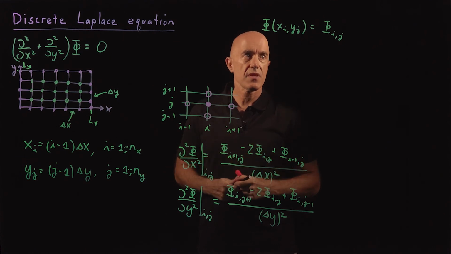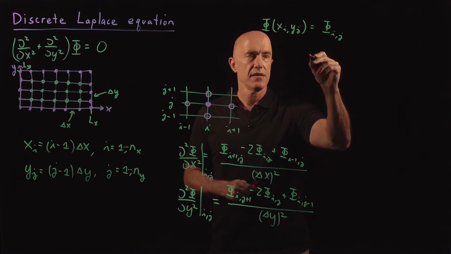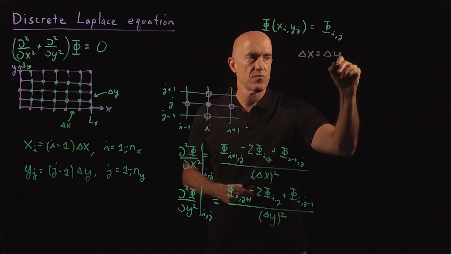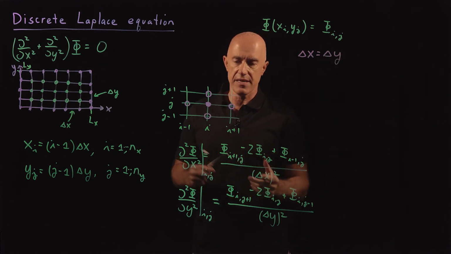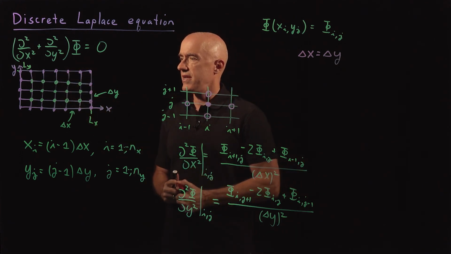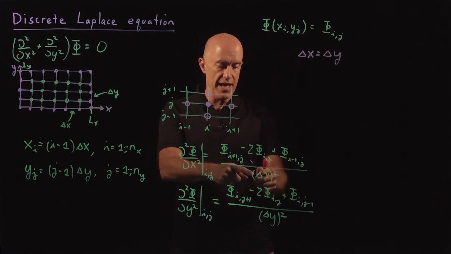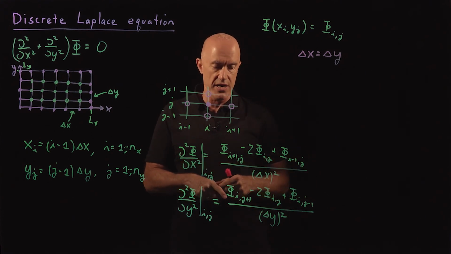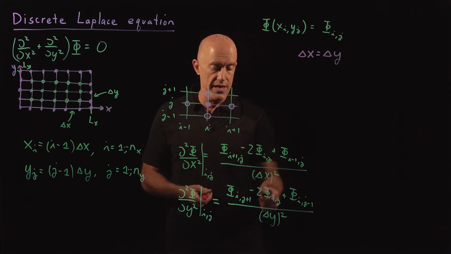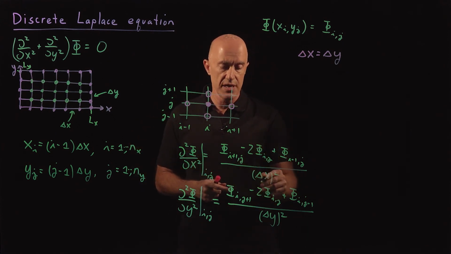Okay? Put it all together. We're going to simplify. So we're just going to take delta x equal to delta y. There's no point in making this complicated. We might as well use a square grid here. Then we have the sum of these two equals 0. We can multiply through by delta x squared and clear the denominator. We can multiply also through by minus 1, as is the tradition. And the minus 2 plus minus 2 is minus 4.